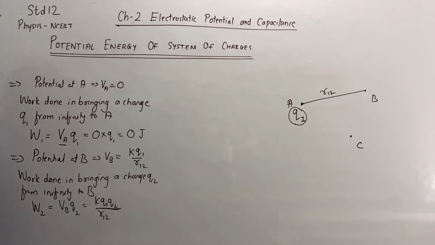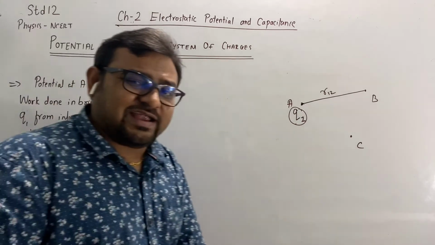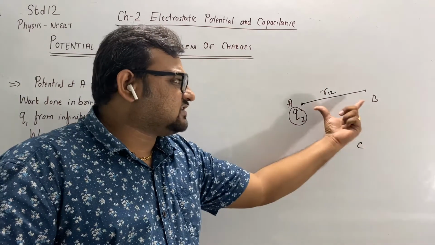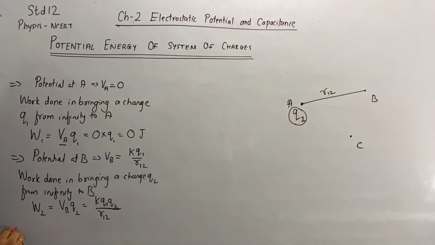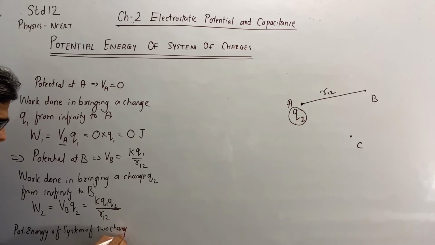If I only want to find the potential energy of a system of two charges, Q1 and Q2, I'm noting it down separately.